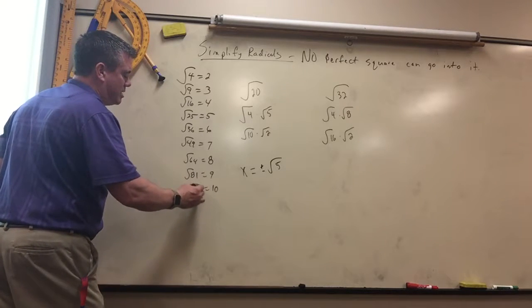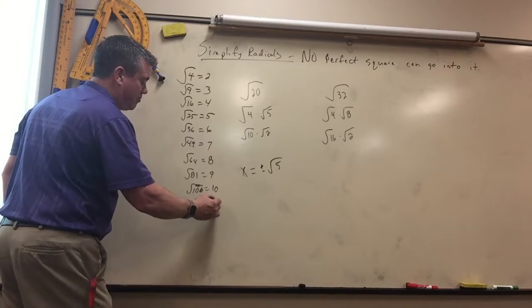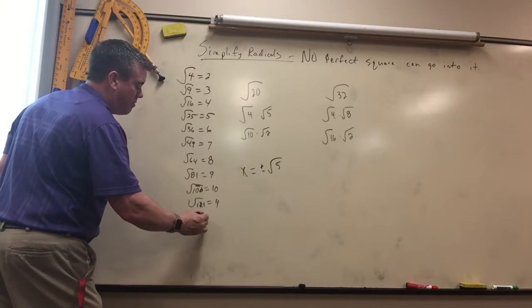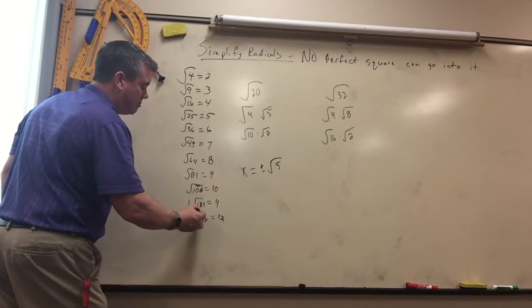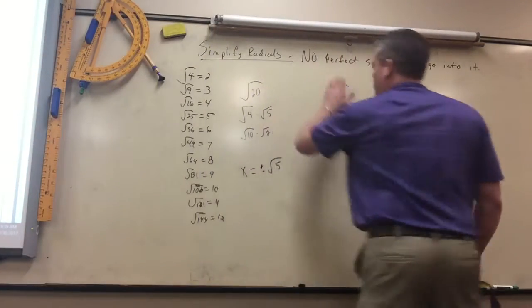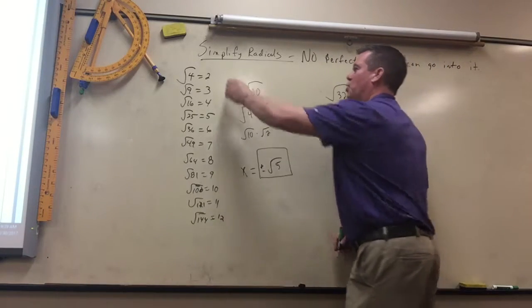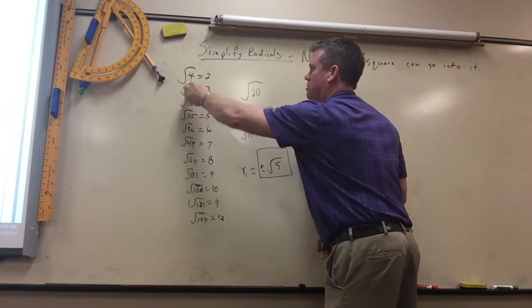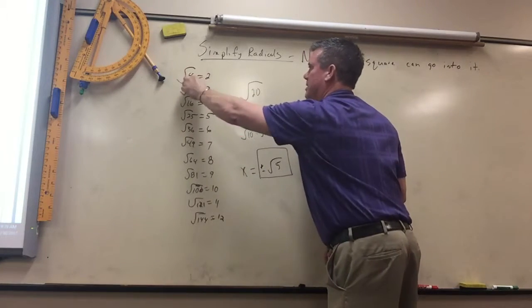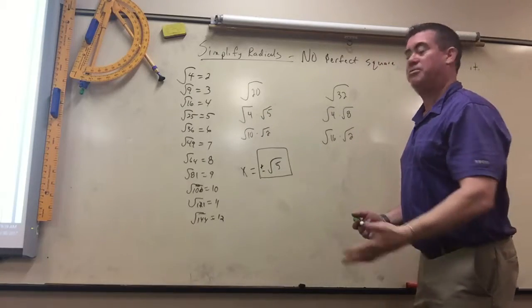A lot of times they just deal with the first 12. Again, you can use a calculator if you forget what they are. So what this means is if you look at the radical, will any of these numbers, remember it's the perfect squares, do any of these go into 5? No, so it's simplified.